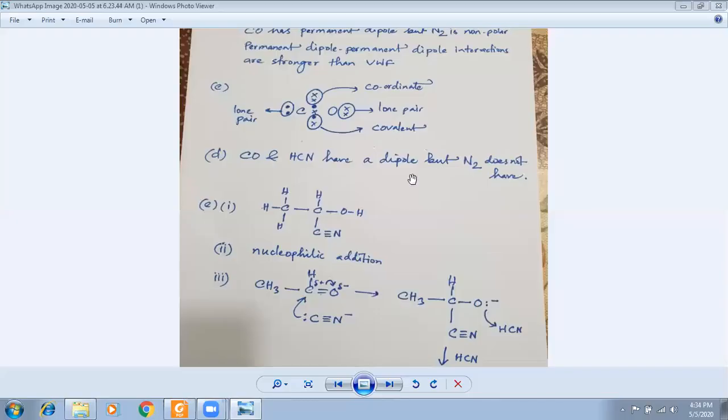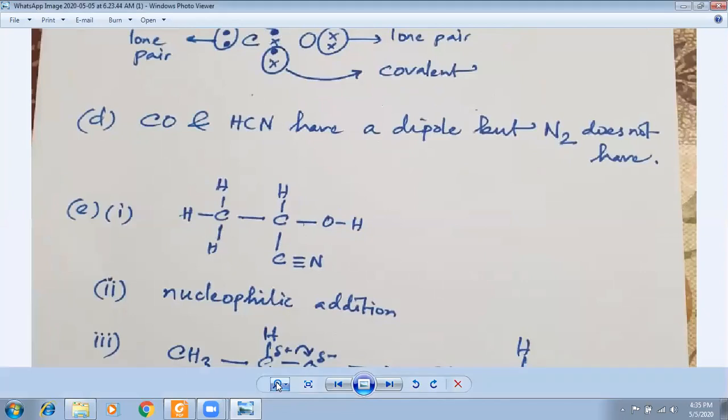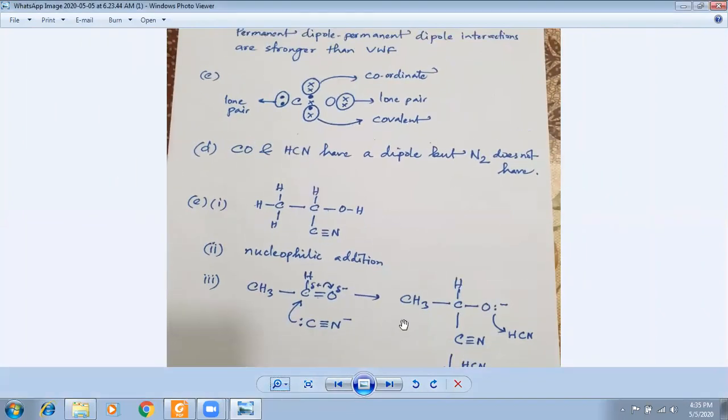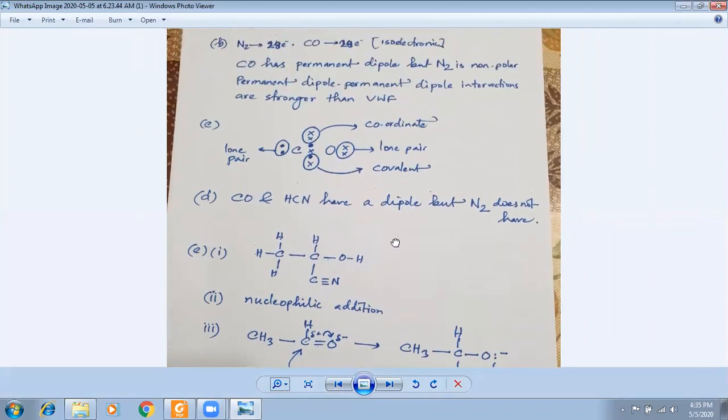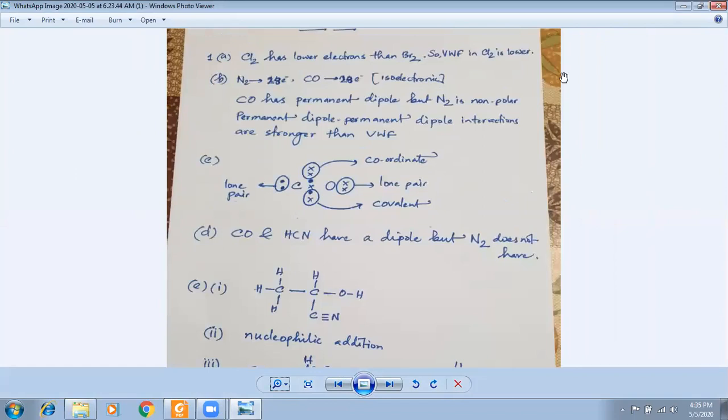Okay, no problem. Just a moment. I hope you can see it easily. Okay, here I have drawn the. You can see it. Now you can see it, right?